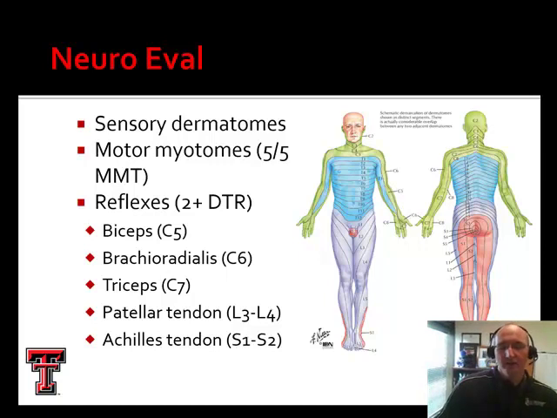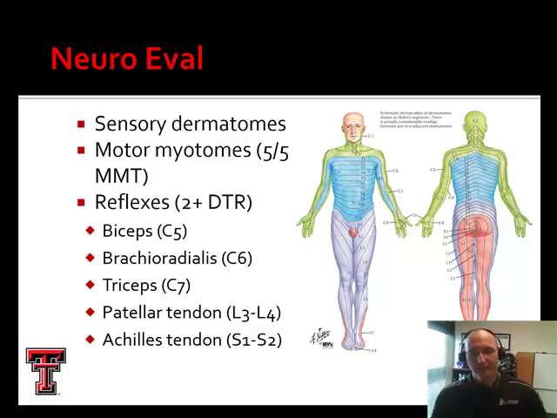Okay? I'll also do motor myotomes. Here's where I'll grade this on a scale of 0 to 5 for manual muscle testing. And those myotomes will tell me whether or not I've got normal function at the motor level of the spinal cord. I can also do reflex testing, deep tendon reflexes, the level of C5 for the bicep.